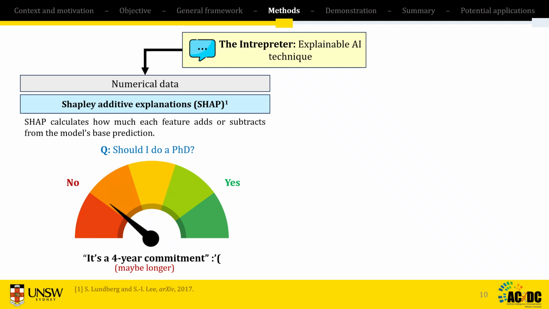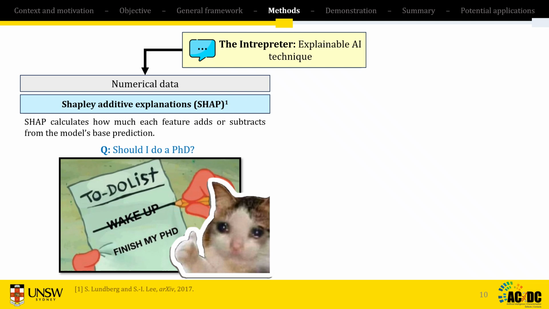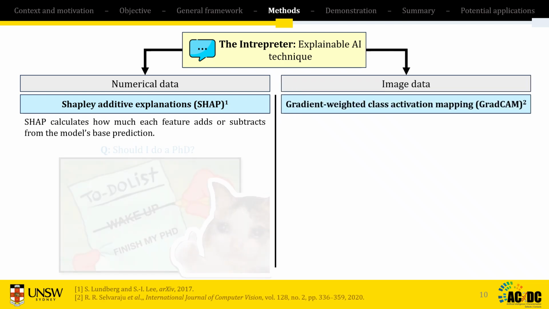But then you remember it's been your lifelong dream to contribute to saving the world, and the dial shoots up. And just like that, the next thing you know, you're already doing a PhD in solar energy. So SHAP works like this. It tells you how each factor nudges the decision.